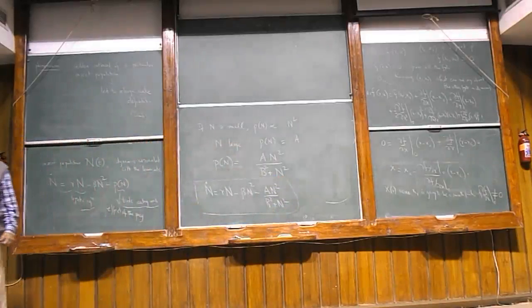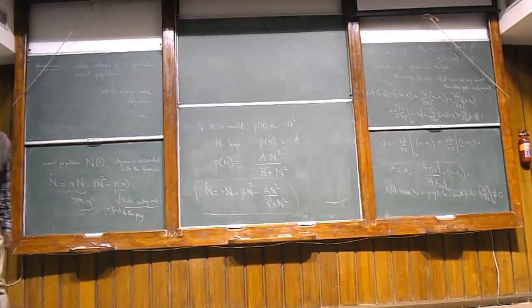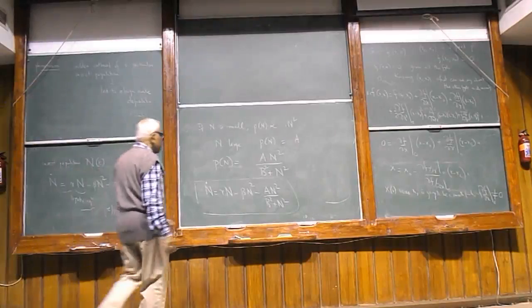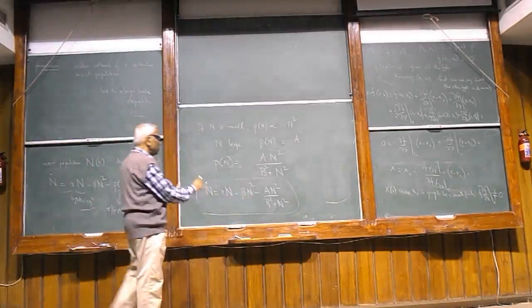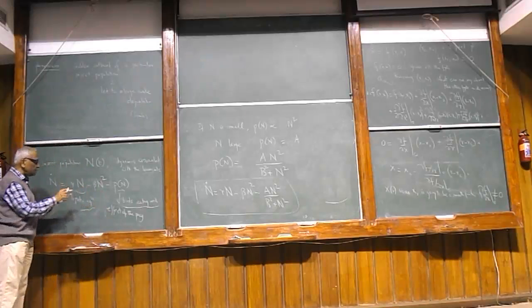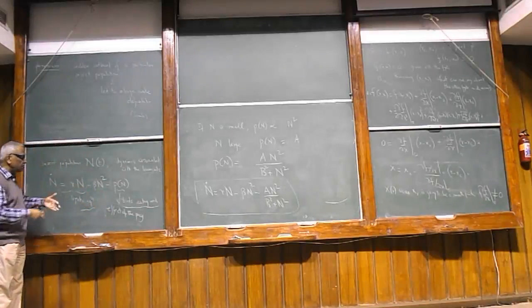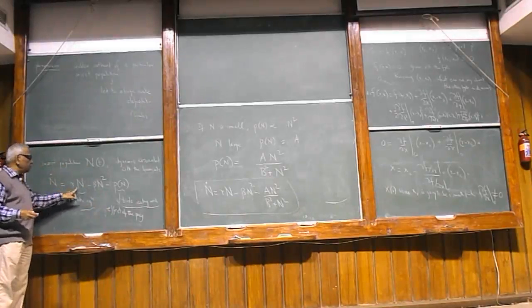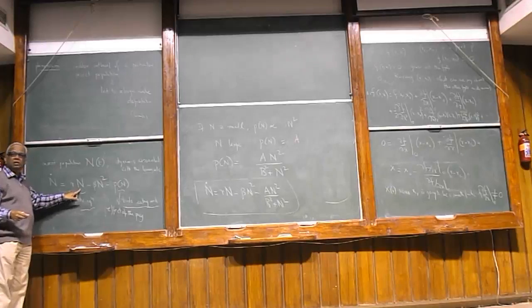So would you kindly repeat how pairwise interaction decreases population? Pardon? That beta n squared term, this beta over here. Yeah. If I have an unlimited amount of food available, then it is just an exponential growth, which is n dot equal to R n.